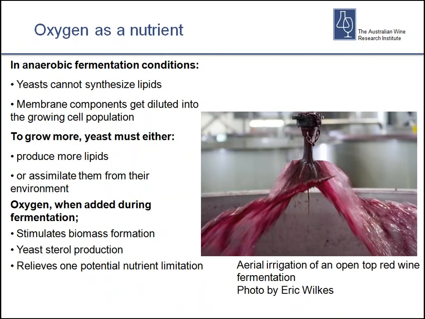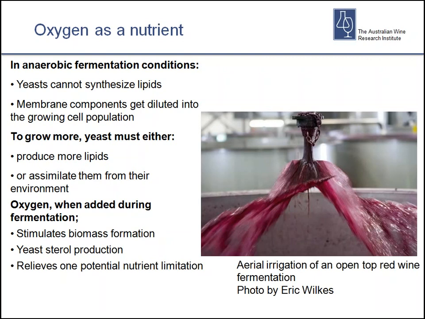I also want to touch on a little bit here, as I said earlier, oxygen as a nutrient. In the context of this presentation, more generally, oxygen can be considered as a limiting nutrient during fermentation. That's because in anaerobic fermentation conditions, yeasts can't synthesize lipids.